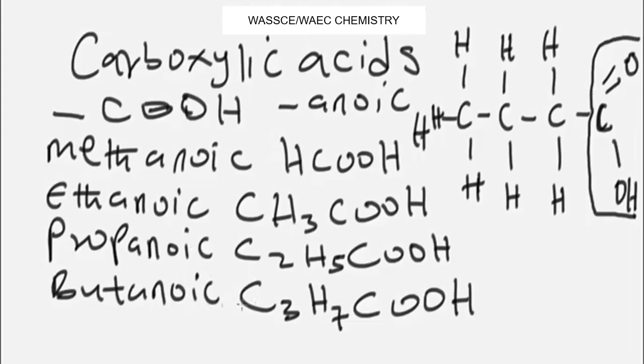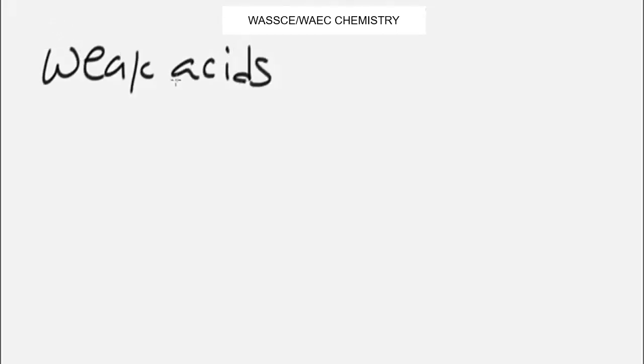So let's wipe this and look at the reactions of carboxylic acid. Just like other acids such as sulfuric acid and nitric acid, carboxylic acids are weak acids. Since they are all acids, they will react with carbonates to produce salt, water, and carbon dioxide. For instance, they can react with sodium carbonate.